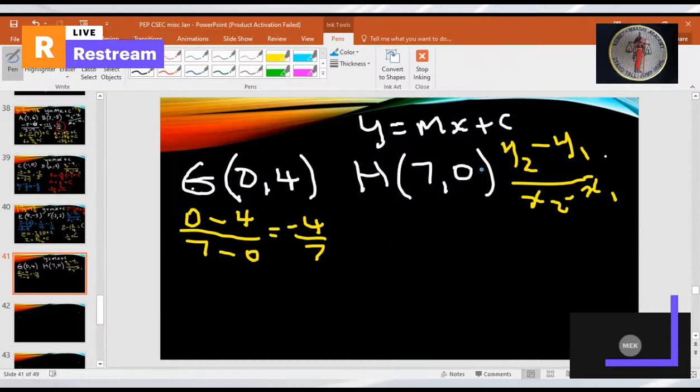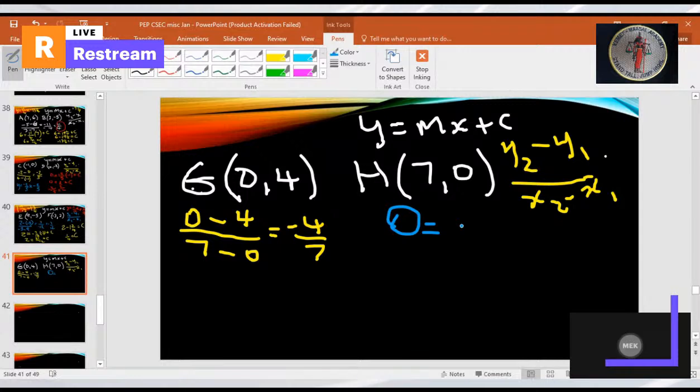So I'm going to put 0 for y and 7 for x in this equation here, and -4/7 for m. And we're trying to find c. So 0 for y, equals m, then -4/7 times x, which is 7, plus c.